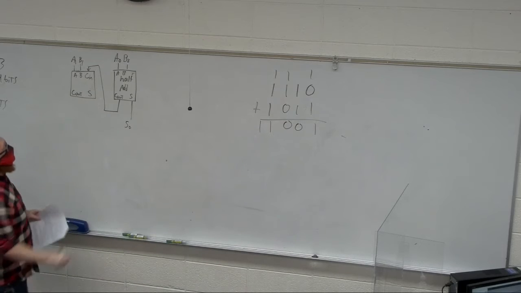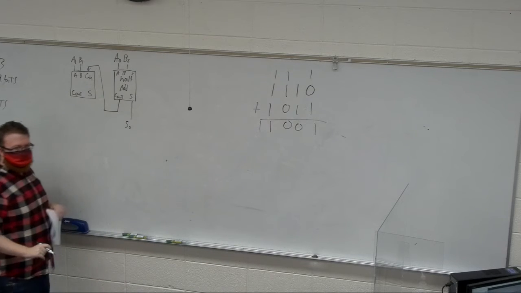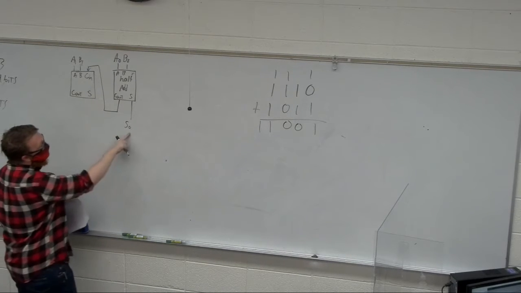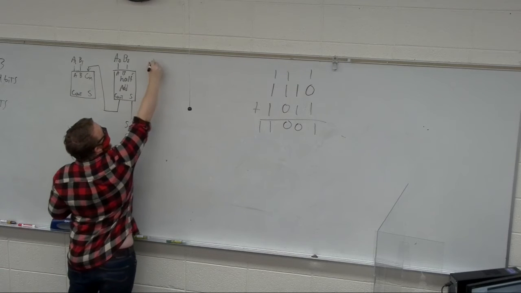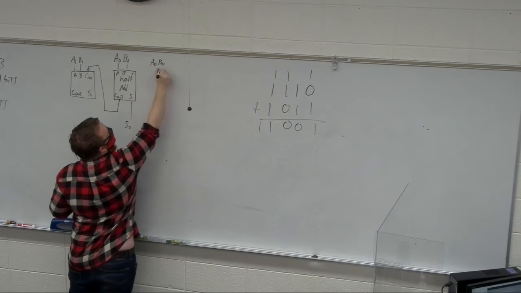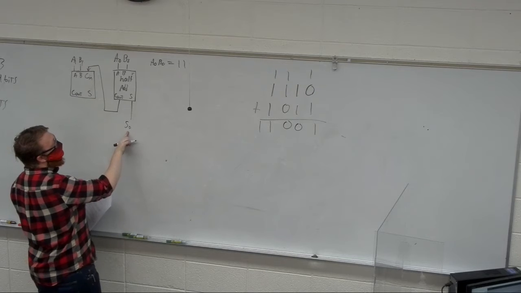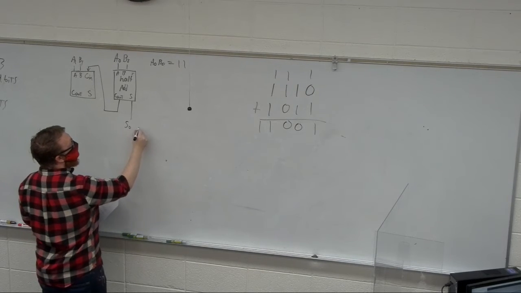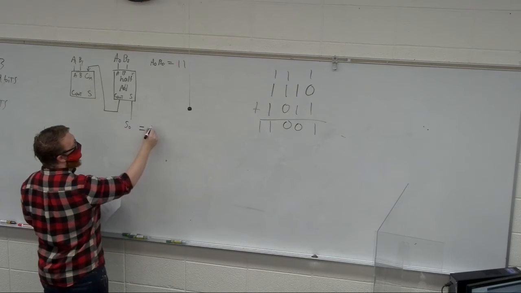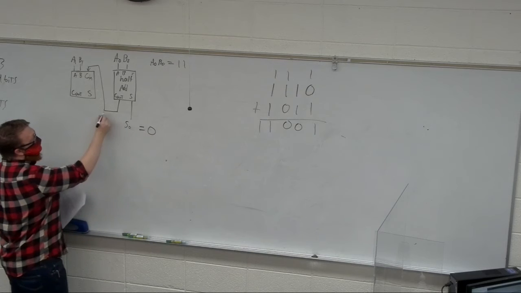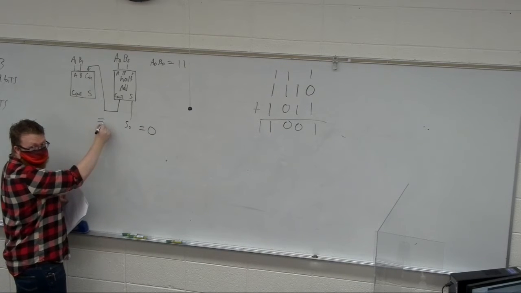So we add 1, 1 together. Sum out, so then S0 is equal to 0. And C out is equal to 1.